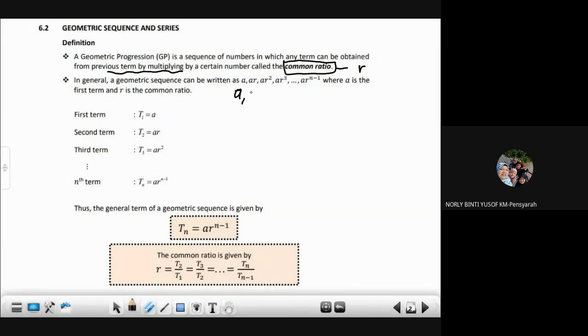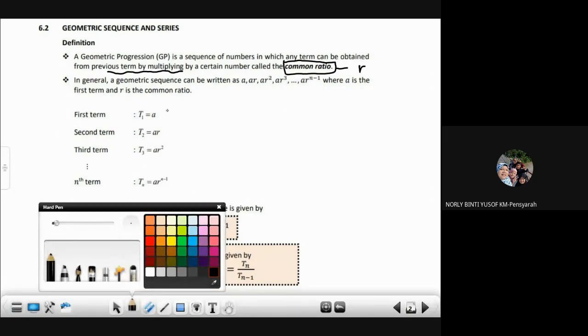For example, A times R, then you can get AR. Times lagi R, you can get AR squared because you multiply by a certain number from the previous term. So dapat AR squared till you got AR^(n-1). Okay, that is your geometric sequence.